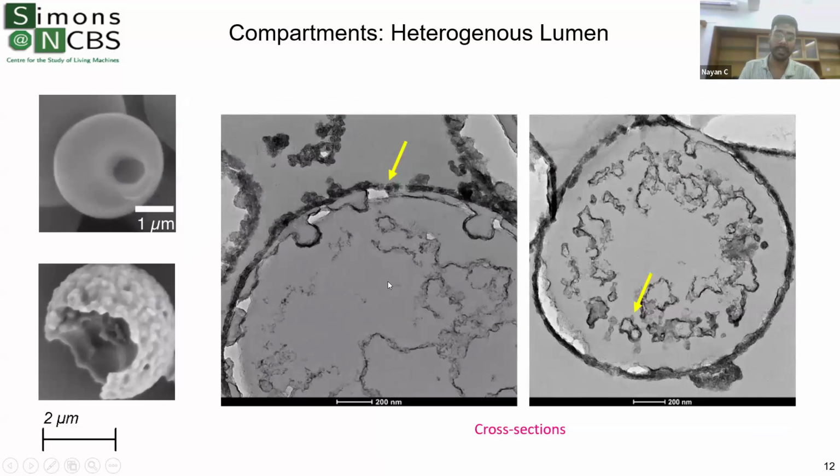Even further, high resolution TEM cross sections and SEM images also revealed some kind of boundary-like shell material along with a heterogeneous interior with different electron densities, suggesting different organic and inorganic species incorporated inside the interior of these microspheres.